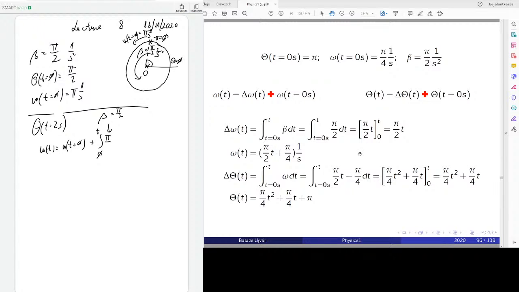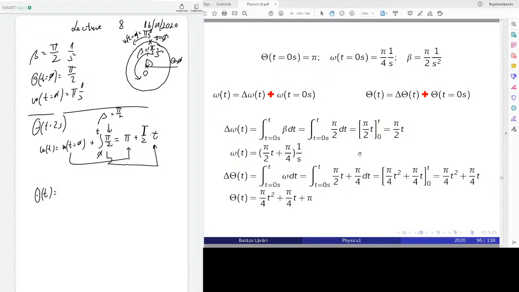This part is pi, plus pi over 2 times t. So this is the angular velocity, how it depends on time.